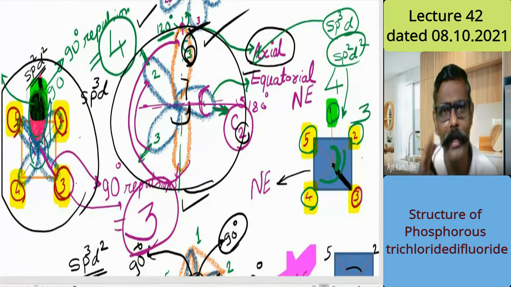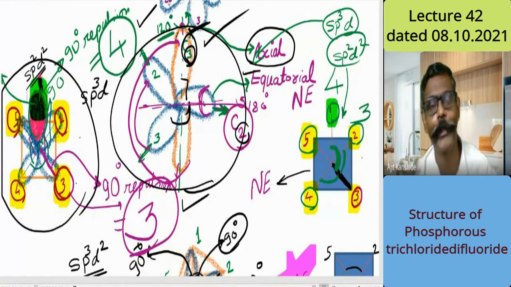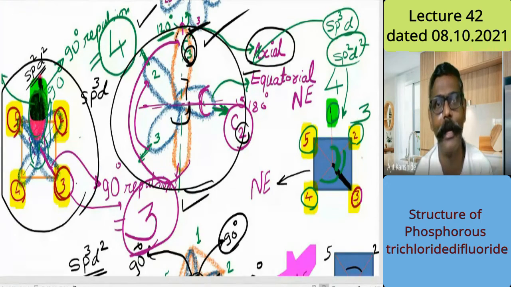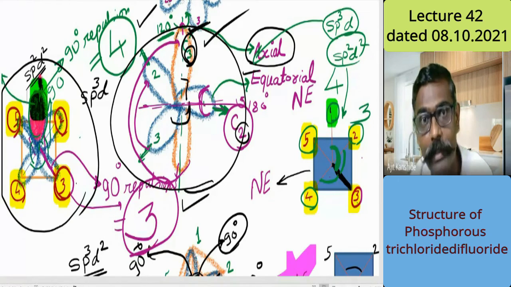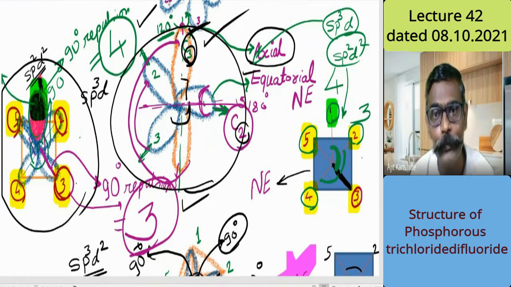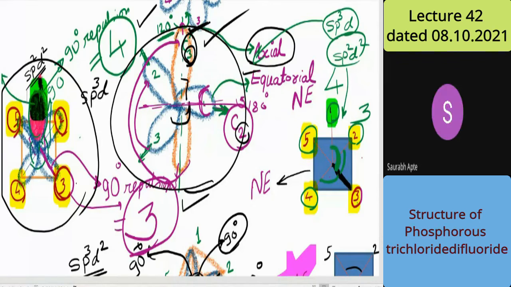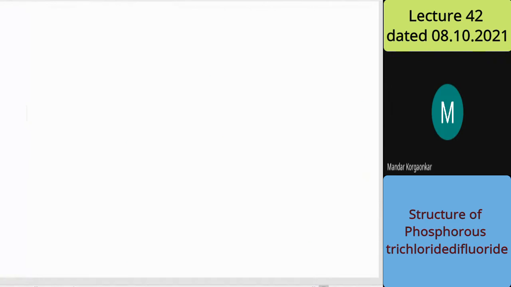So now I hope and expect that equivalent positions and non-equivalent positions, or equivalent orbitals and non-equivalent orbitals, or equivalent sides and non-equivalent sides, is this concept clear to you? Yes, sir. Let me revise.